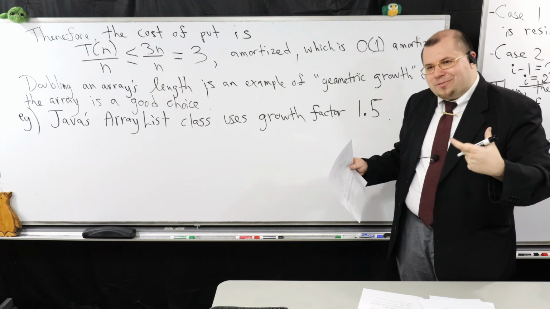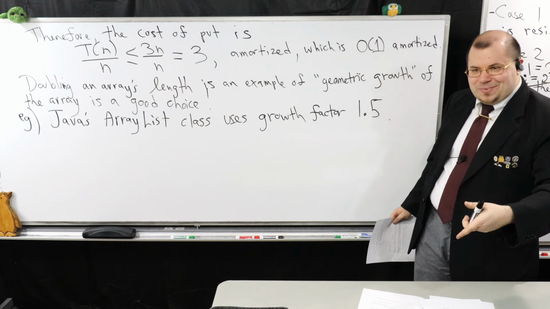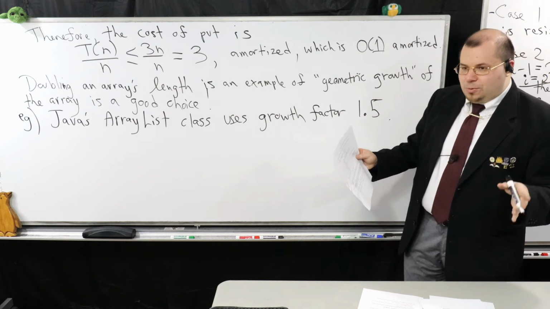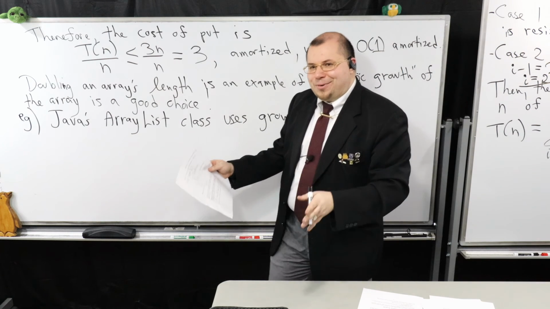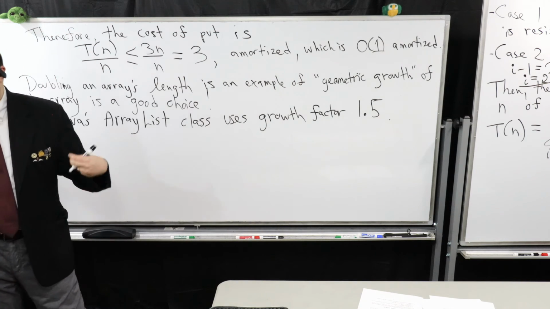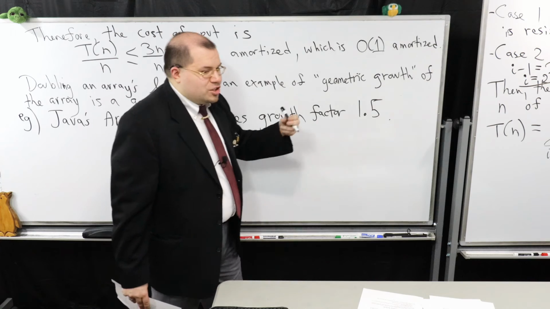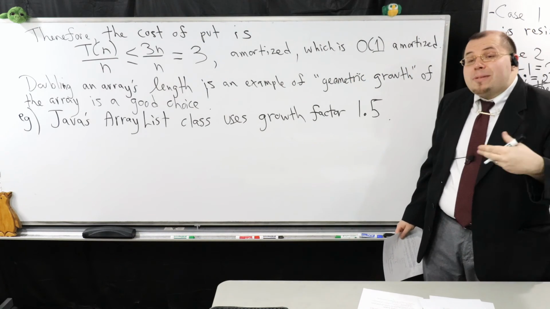Say, for example, every time I resize the array by 50 or 100. So if the array was length 100, I add 100. And then I add another 100. And then another 100. So I added a constant additive term as opposed to a multiplicative factor. You might ask, does that make a difference?